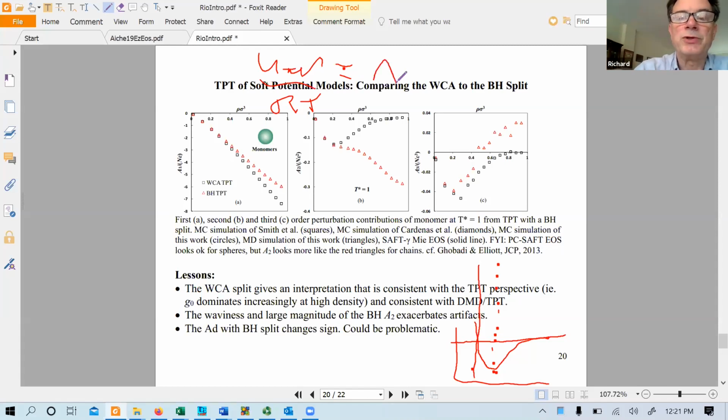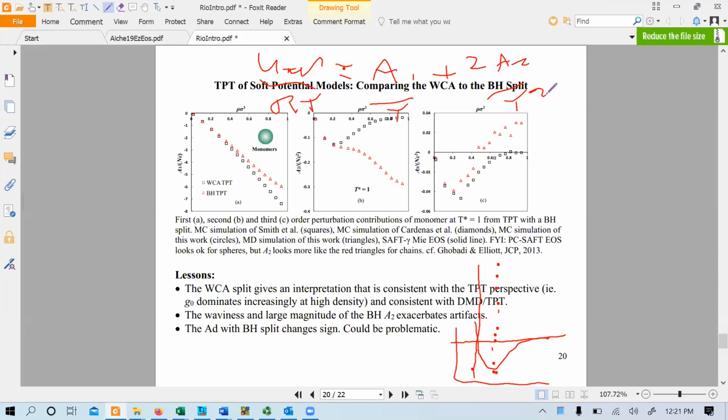So it's just going to be equal to A1 over T plus 2 times A2 over T squared, right? And that 2 comes from taking the derivative of the T squared in the expansion of the Helmholtz energy. So it's a polynomial derivative.